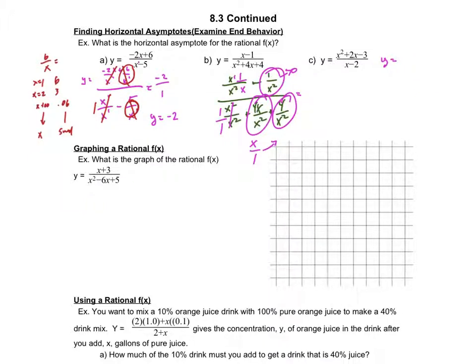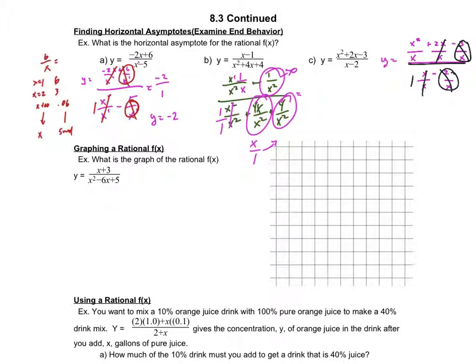Okay, so as we were talking here, y equals, and I guess I don't need to factor, but I do know that I have x squared plus 2x minus 3, and then I have x minus 2, and the greatest value of x in the denominator is just 1, so I can just divide everything by x to see what happens. And what's going to happen here, as we just mentioned, is if the variable is greater in the denominator, then it's going to become a 0, and those become a 0, and this simplifies to a 1, and what do we have over here?